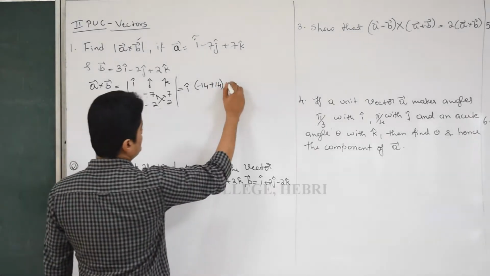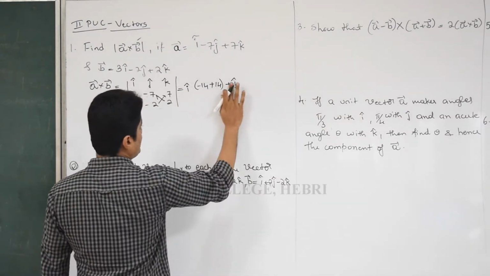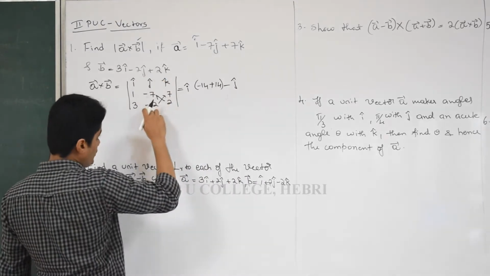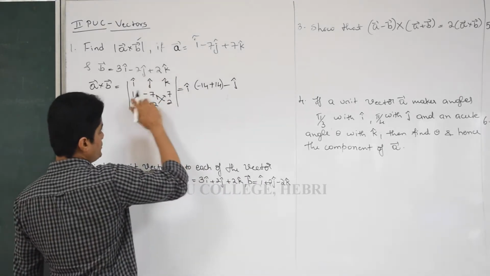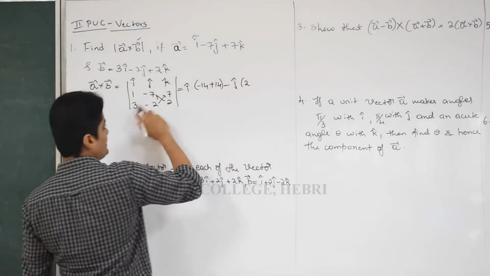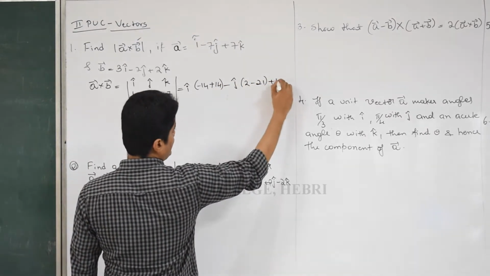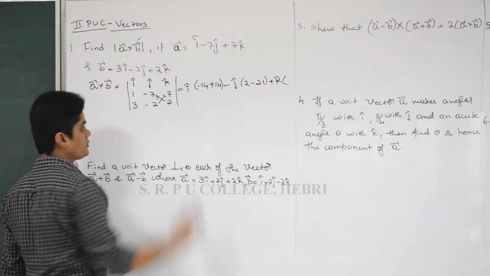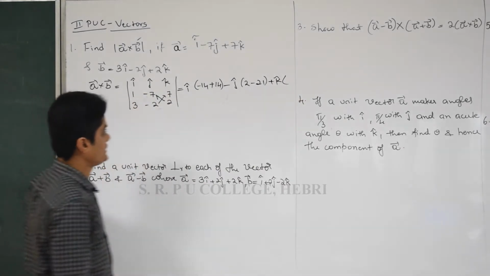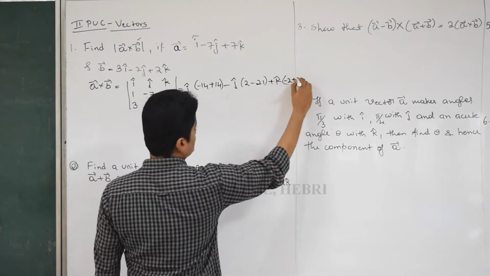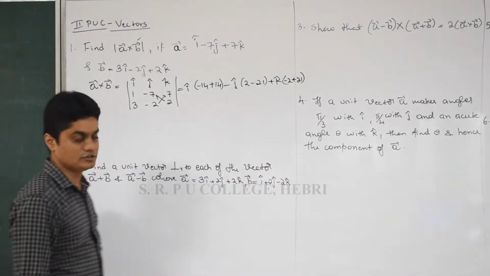So plus j into... next, alternate plus minus comes. So minus j into, leaving this column and this row, 2 into 1 is 2 minus 3 into 7 is 21, plus k into, leaving that column and that row, so minus 2 into 1 is minus 2 and plus 21. Did you understand what I said?